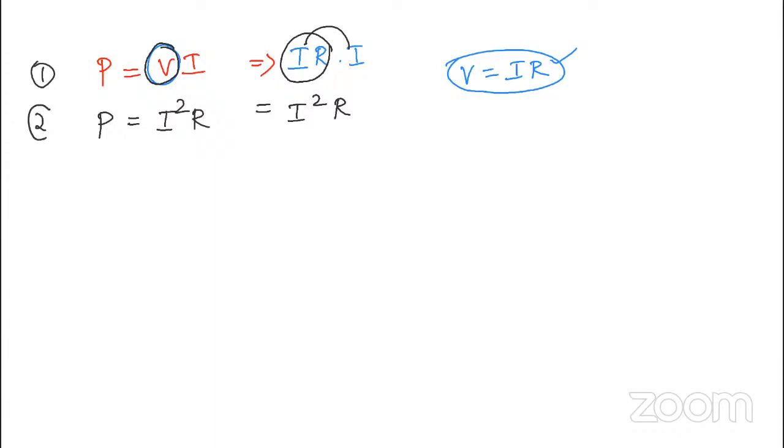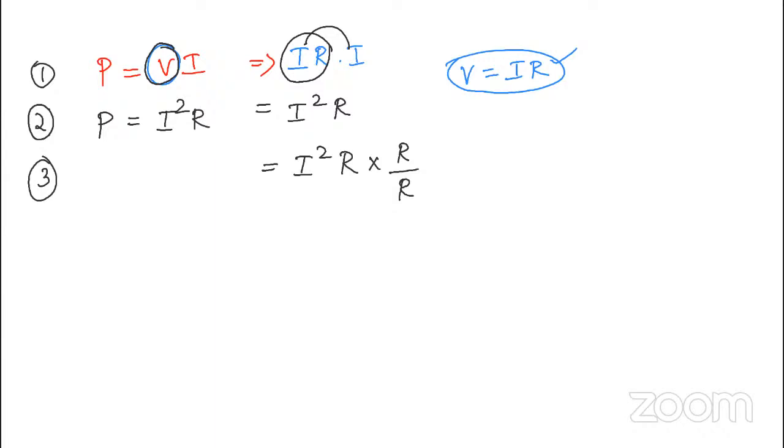This is the second formula, and how do we get the third? In the same format, multiply and divide by R. I square R stays as it is. Now we are multiplying by R and dividing by R. When we multiply and divide by the same value, the entire value doesn't change.